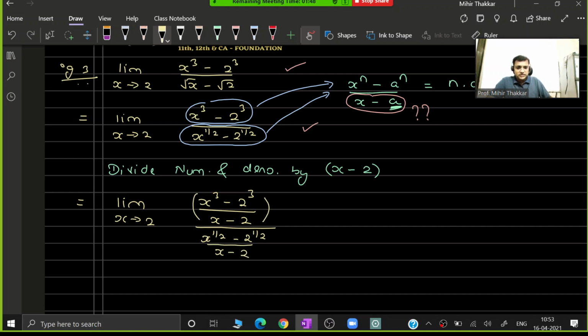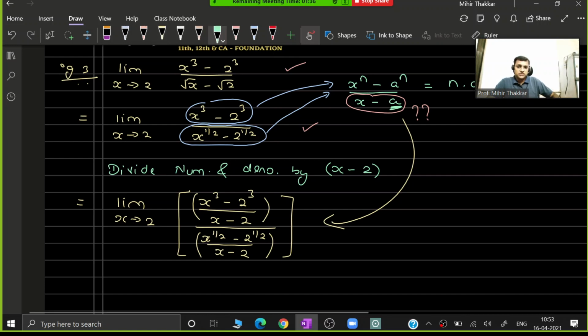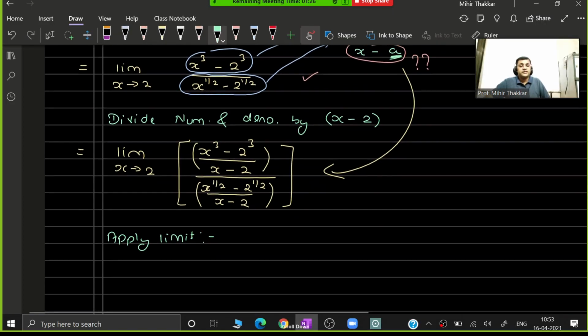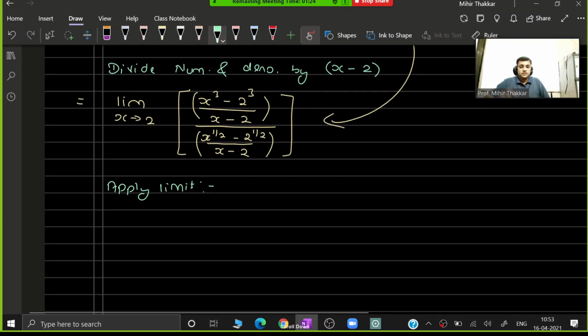Now guys, this is in the standard form, both the numerator and denominator expressed in the standard form. So now when I want to find the answer, as usual, I will say over here, apply limit, and I will apply the formula in the numerator and in the denominator separately. So just see very carefully how I do it.